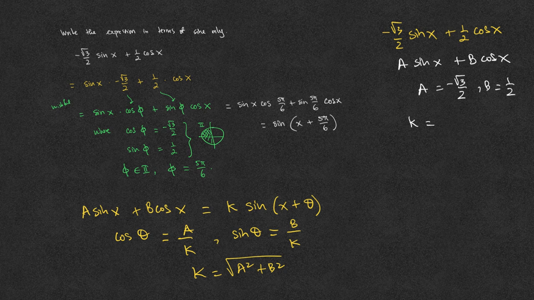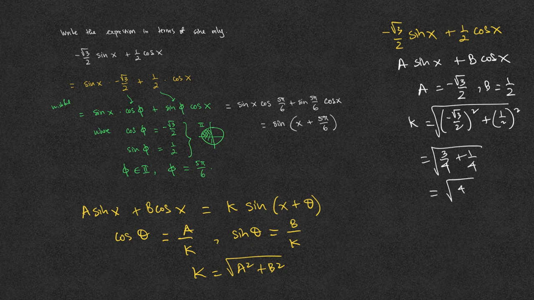K in the formula is the square root of a squared, negative root 3 over 2 squared, plus b squared, 1/2 squared. This is 3 over 4 plus 1 over 4, which is the square root of 4 over 4, or 1. So k is 1 in this case.